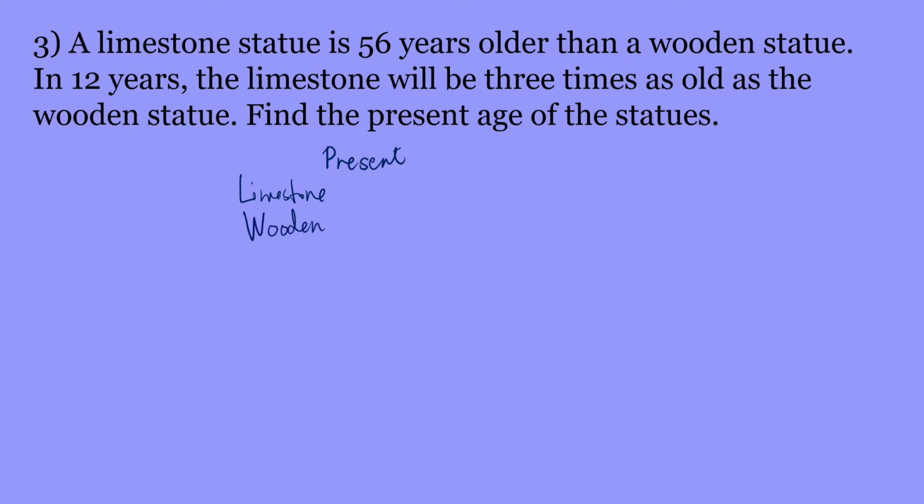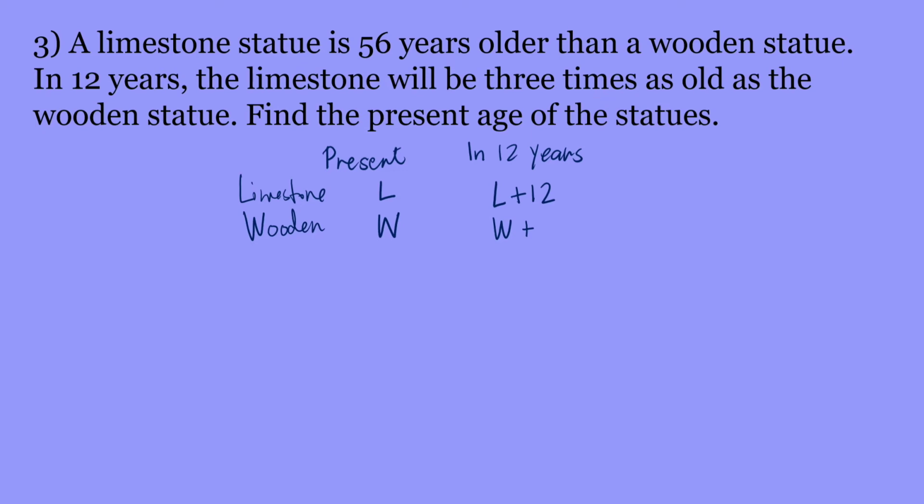Right? So the present age is L for limestone and W for the wooden. And then there is an in 12 years time frame. So in 12 years, we can say that the age of the limestone is L plus 12. Normally, this is what we are going to do first when we are solving age problems.